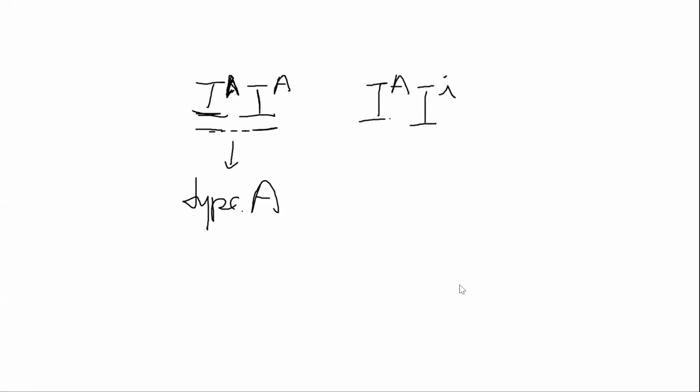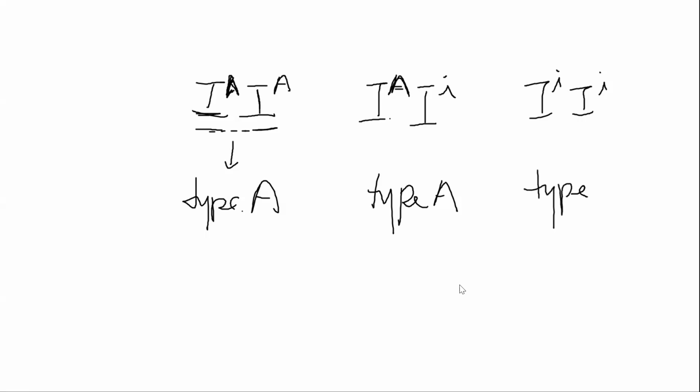Doesn't matter, because as long as you have one dominant A, it's going to give you the A type. But if you have a trait with both recessive genes on it, there's no A at all, okay? In this case, you're going to have type O.